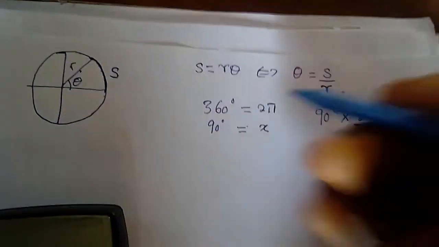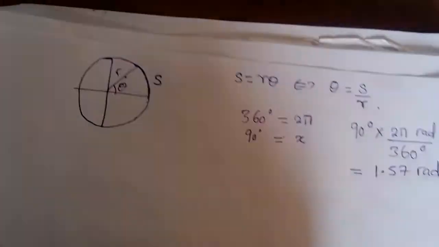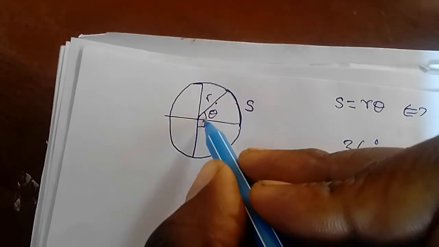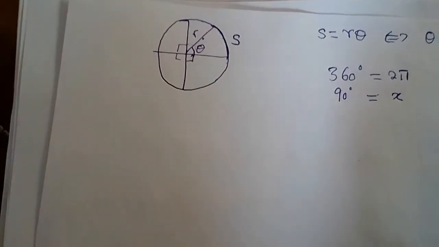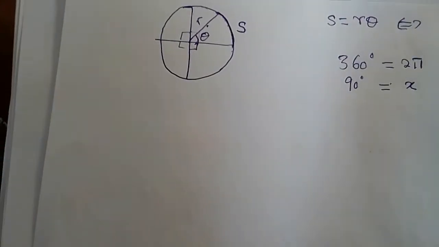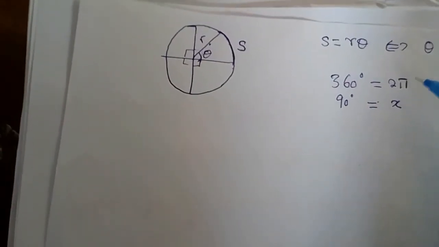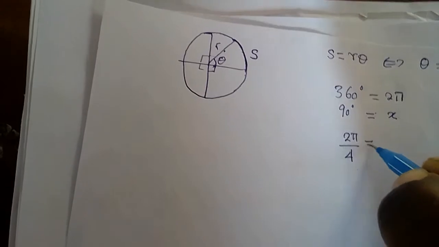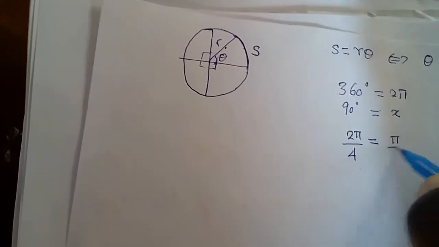Or we can write it in terms of pi. If you look at 360 degrees, it is divided into 4 parts, 90, 90, 90, 90, where each part is equal to 90. And if 2 pi is equal to 360, we can divide 2 pi by 4 to get the radians in terms of pi, and we are going to have pi over 2.